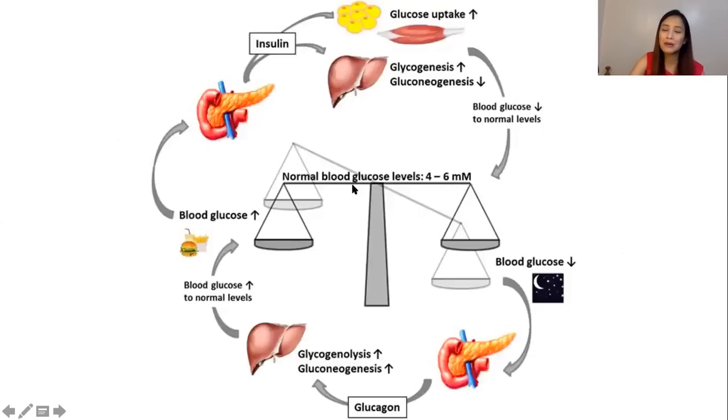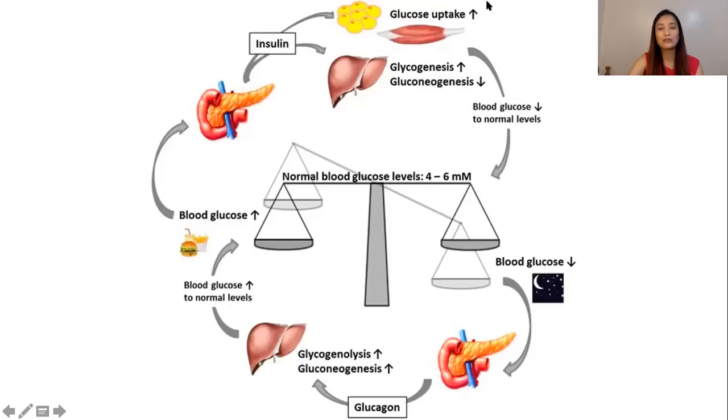So just to tie them both together, when you eat, let's say you eat a Big Mac meal, what will happen? It will trigger the release of insulin from your pancreas. The insulin will now serve as a key in order to let the glucose enter the cells through your glucose transporter 4, or GLUT4 transporter, so that your blood glucose level will start going down.